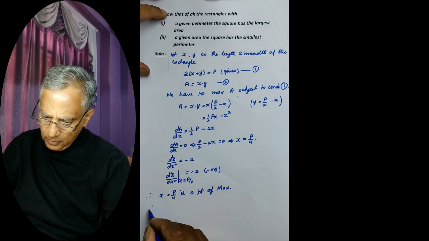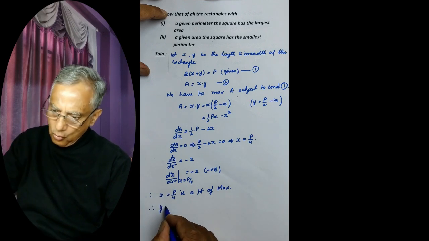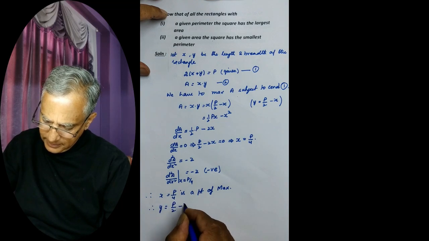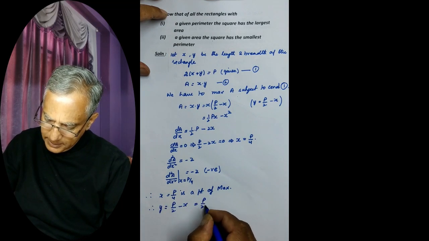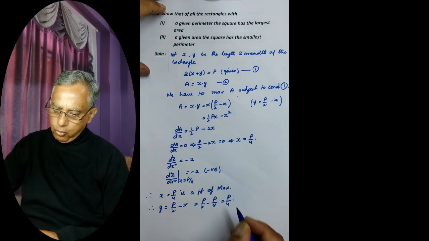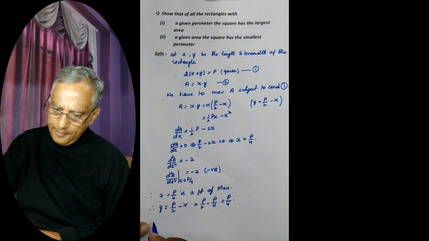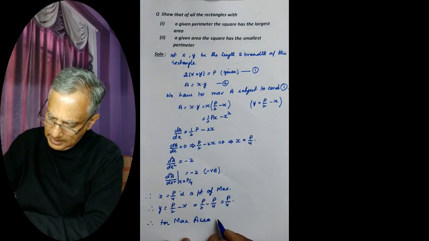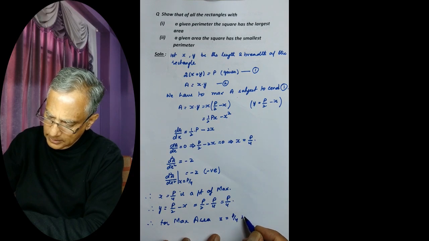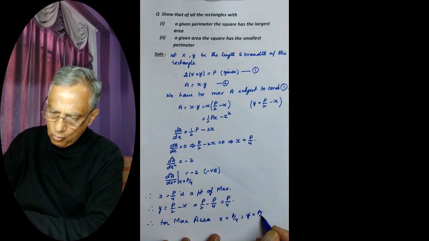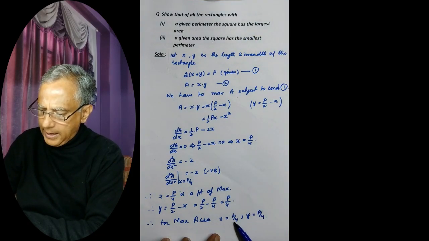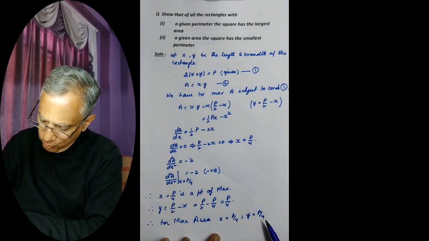And therefore y is p by 2 minus x, which is equal to p by 2 minus p by 4, which is equal to p by 4. Therefore, for maximum area, length must be p by 4 and breadth is also p by 4.